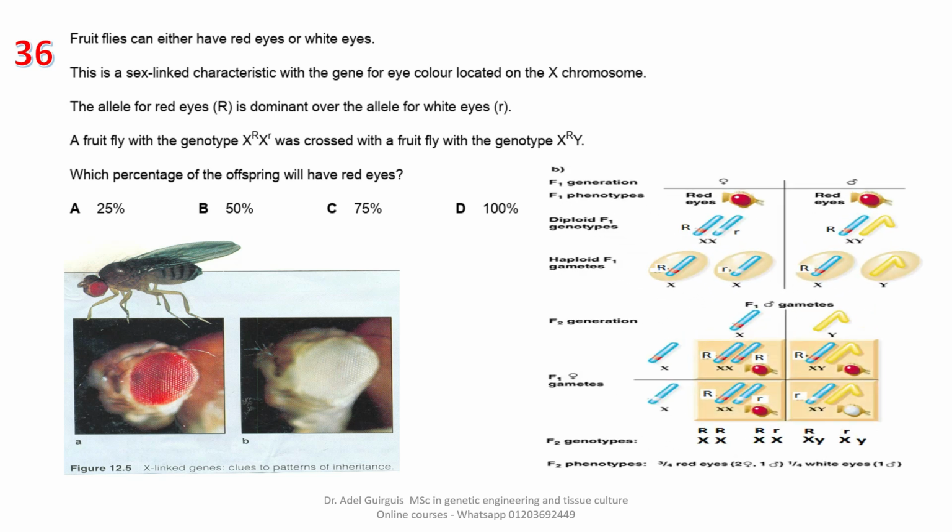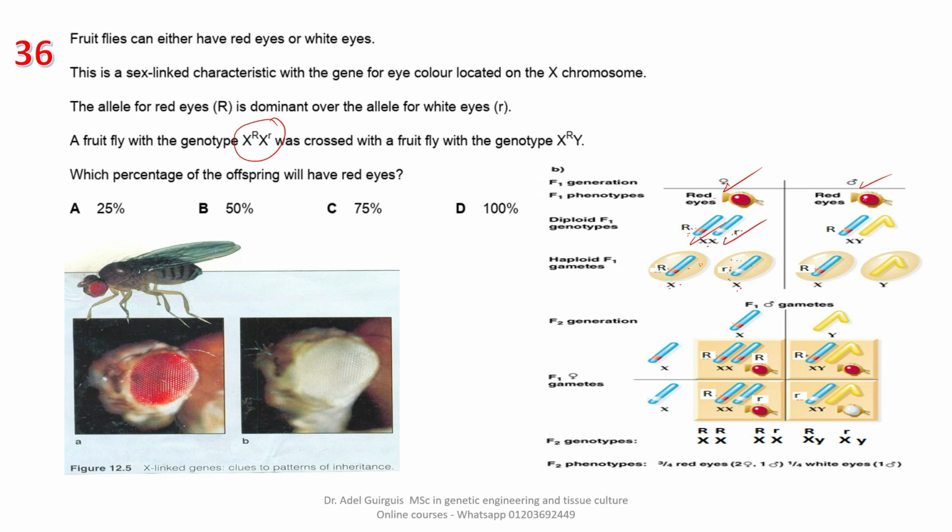So, an easy problem. Look, red-eyed female, red-eyed male, but the female is heterozygous, X^R X^r. This female can produce two types of gametes, two types of eggs: an egg containing X chromosome with capital R, and another egg containing X chromosome with small r.